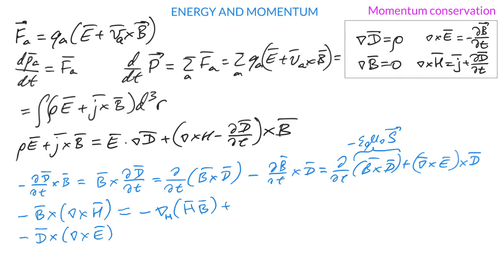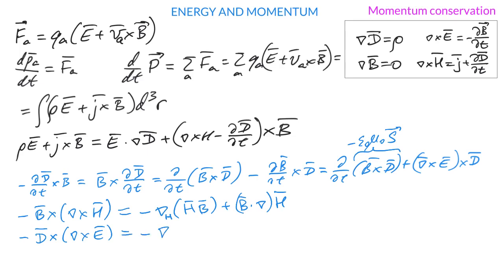And then the other term is B dot del H, where we don't need to supply any indices because H already sits to the right of del and there is nothing else there.